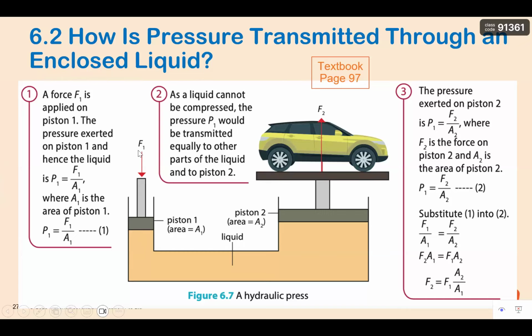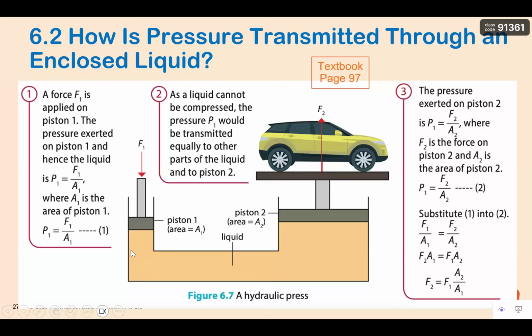In part 1, you have a force that is exerted on this piston 1. This force exerted over the area of the piston will create pressure P1. So we say that P1 equals force F1 over area A1. Then, because liquid is incompressible, all the liquid that is pushed down over here will be transmitted to the other end.